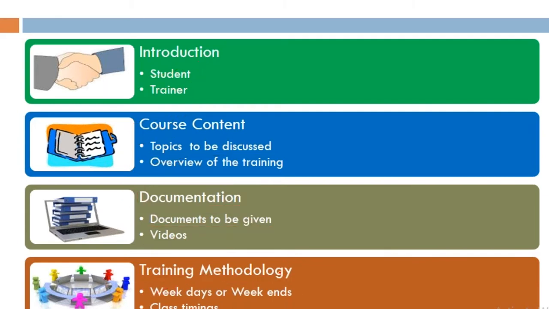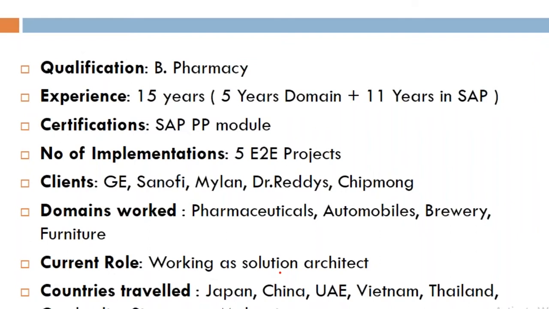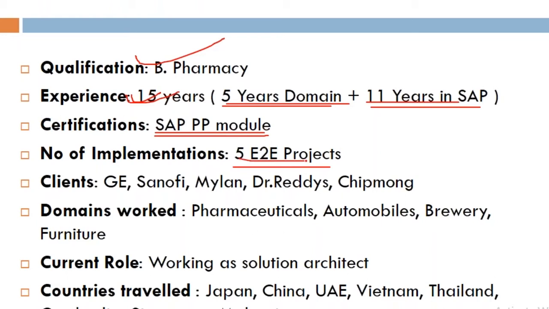Okay, so I'll give my introduction. Myself, Savan. I'm a B.Pharm graduate. Overall, I have 15 years of experience, 5 years in the domain and 11 years in SAP. I am certified in the SAP PP module. So far, I completed 5 end-to-end implementation projects, including one S/4HANA.